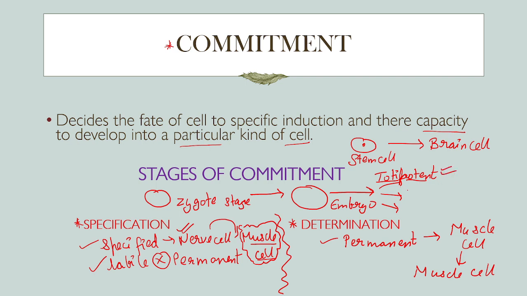So totipotent means these cells could be converted into so many cell types. Maybe a cell can become a nerve cell, some other may become a heart cell, or whatever. So specification and determination, these are all known as cell fate. So I think this topic is clear till now.